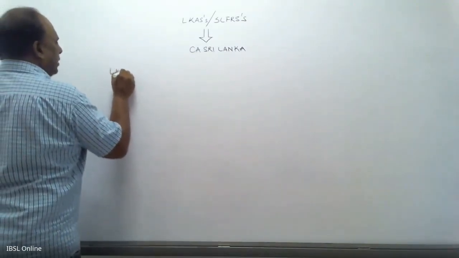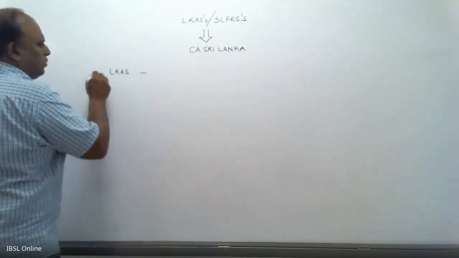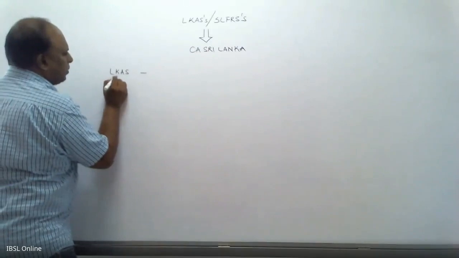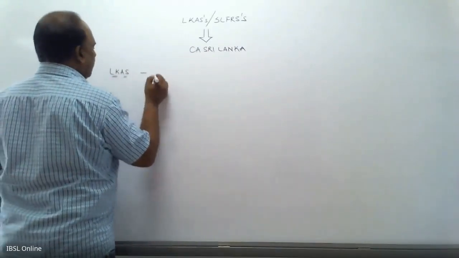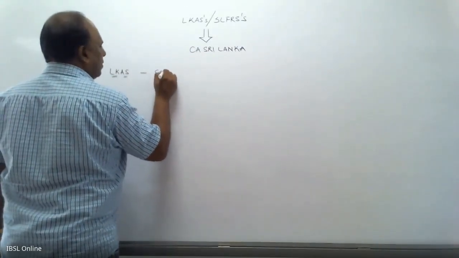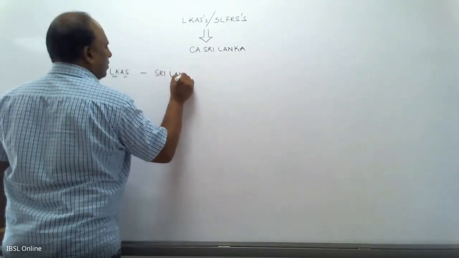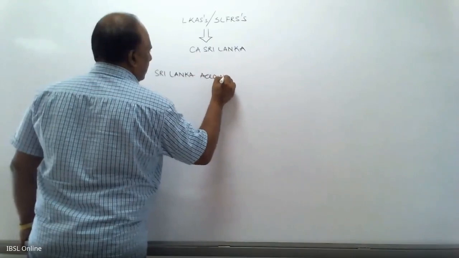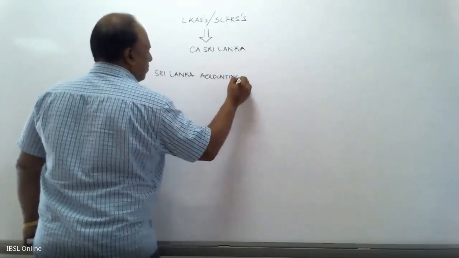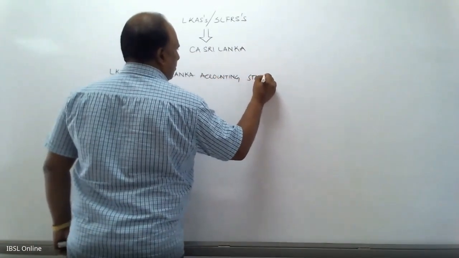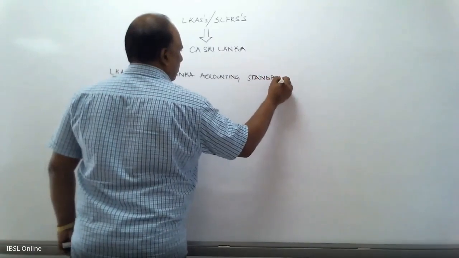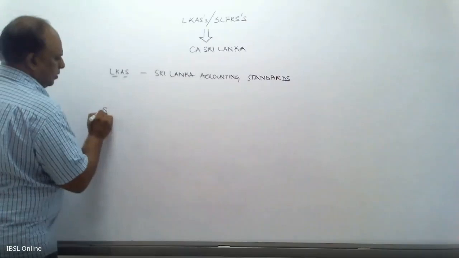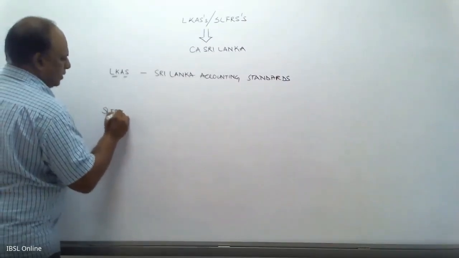So what do you mean by LKAS? LK stands for the country code and this is the accounting standards. Okay, so Sri Lanka Accounting Standards, right? Then we also have SLFRS.